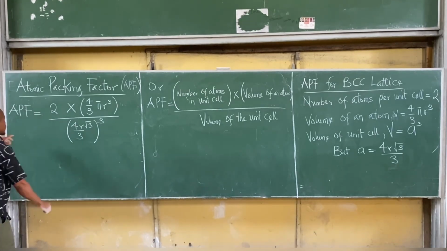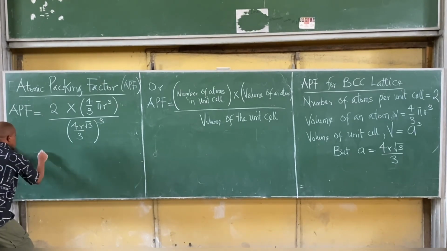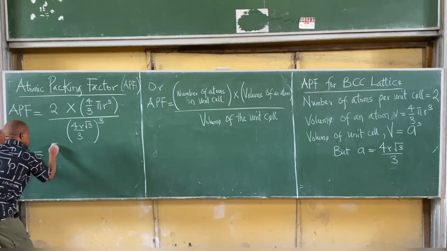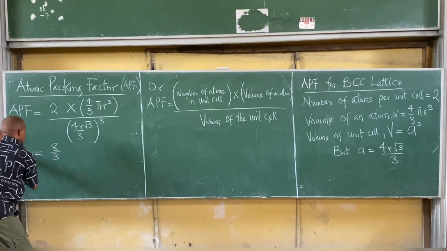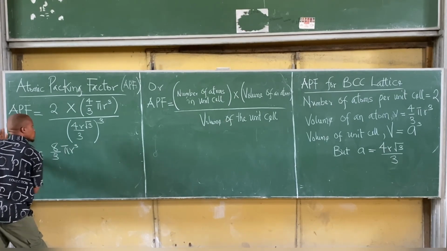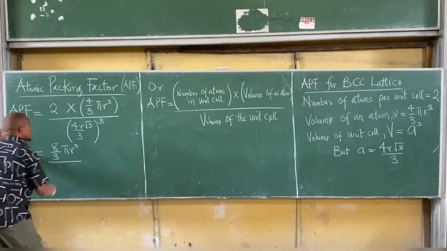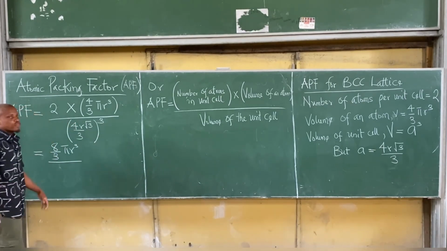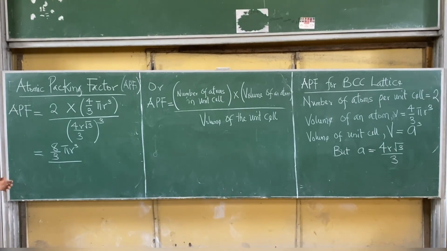Let's simplify. This gives me 8/3 pi radius cube divided by 4 raised to power 3, which gives us 64.